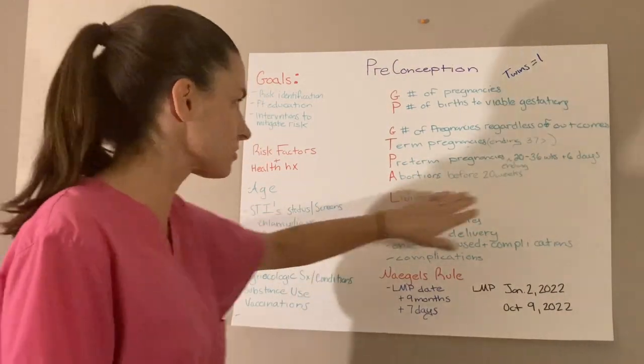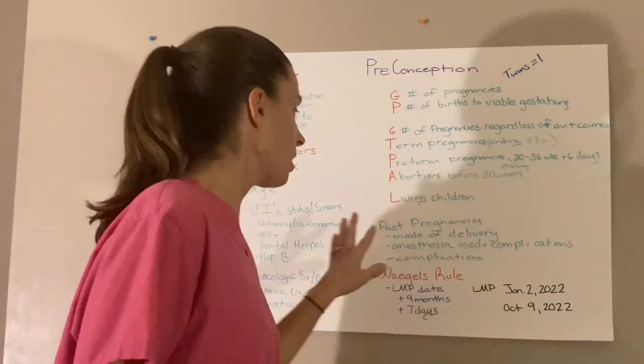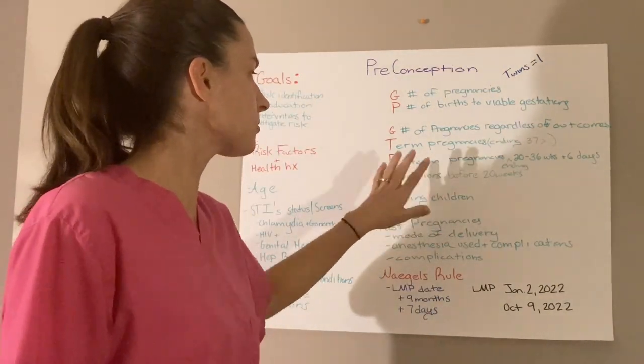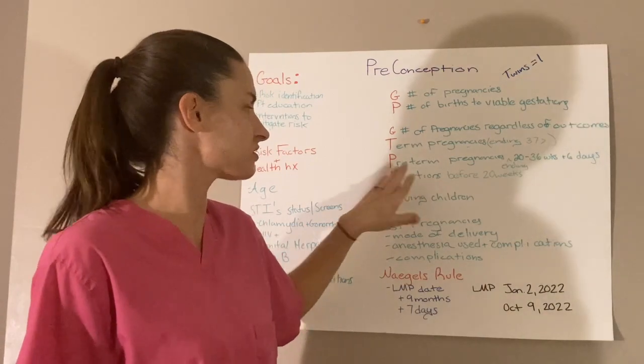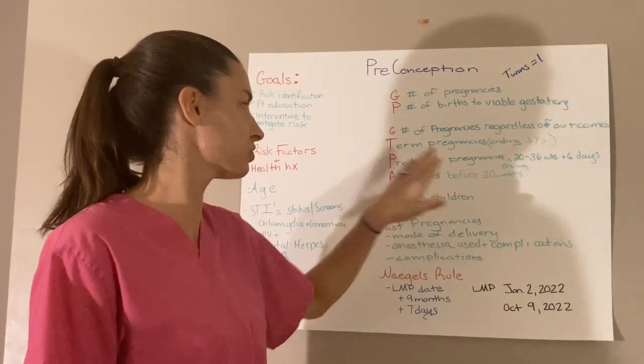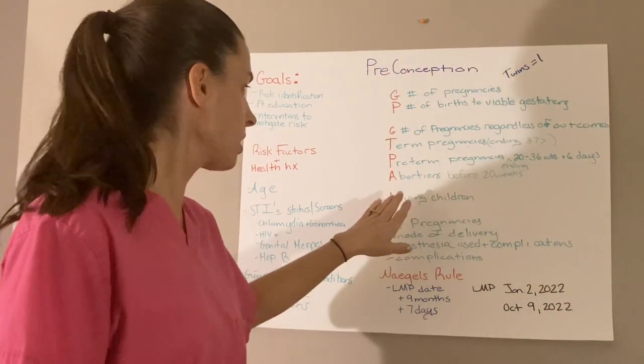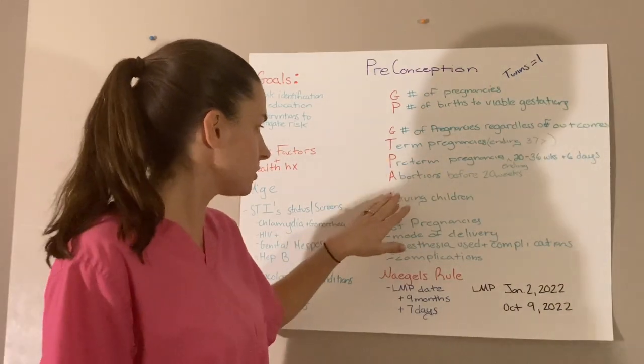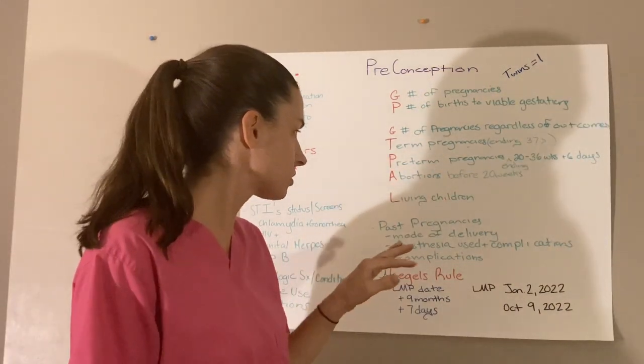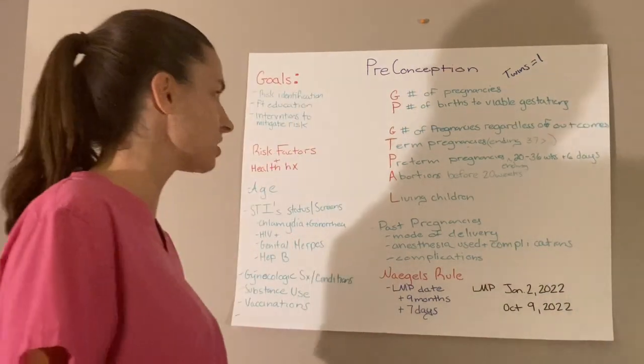All right, so those 6 days still count. Abortions, how many of the births were spontaneously aborted or artificially aborted before 20 weeks, okay? And then you would count those up. And living children, that's pretty self-explanatory.